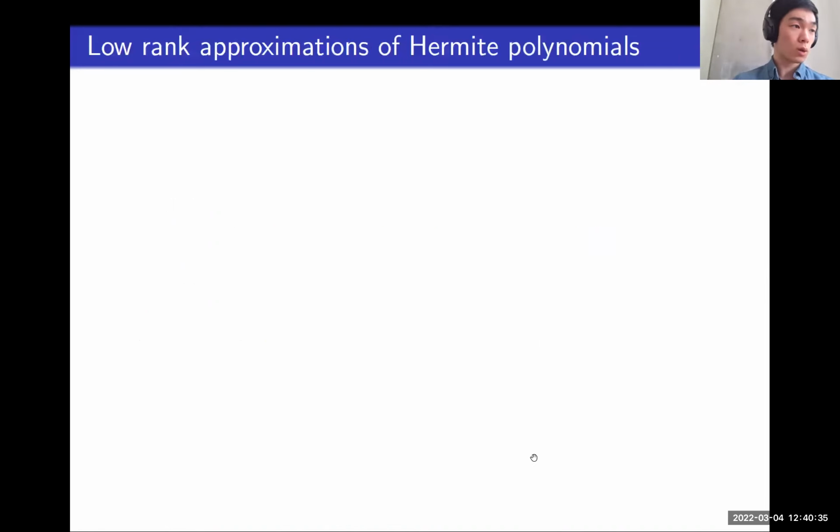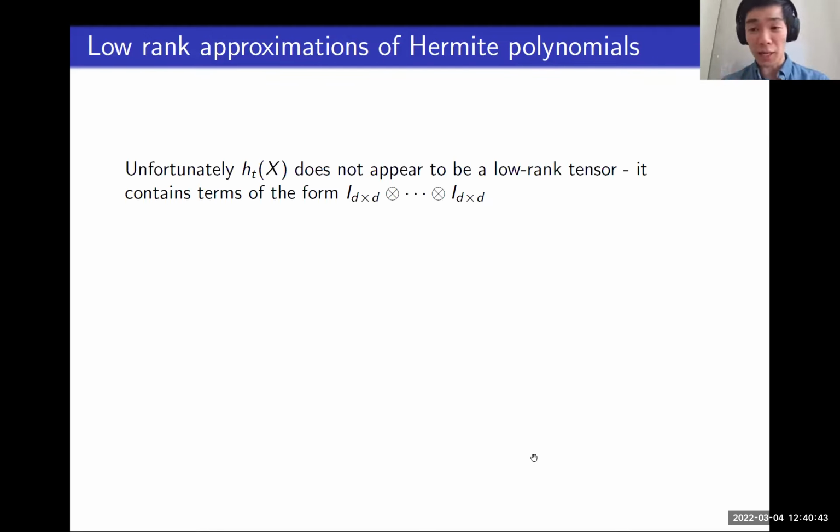Okay, so I'll start with the low rank representation of the Hermite polynomial tensor. I guess I lied a little bit, and the Hermite polynomial tensor does not appear to have a low rank representation. This is because it contains terms of the form identity matrix tensored with itself in a bunch of different ways.